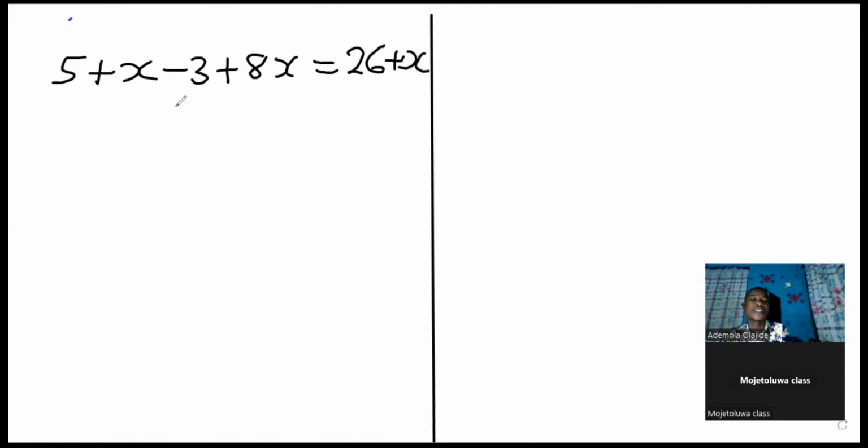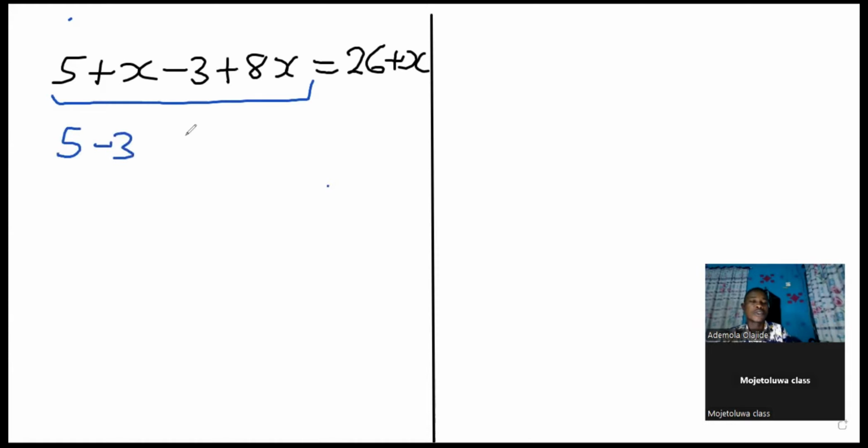Let's first simplify here. Here we have on the left side, within the country. If you are within your country, you don't need any document to live there and things like that. So for this one now, we have 5 minus 3.